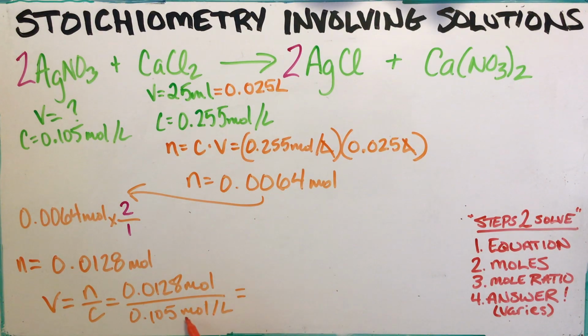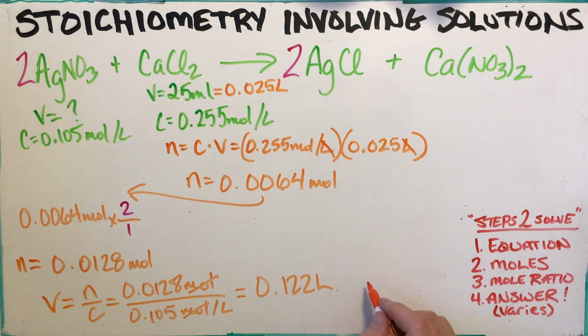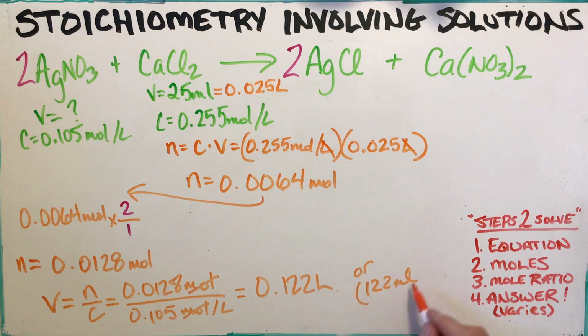And what will happen is my moles will cancel. Moles divided by moles is no more moles. And I'll end up with 0.122 liters, or 122 milliliters, just to kind of put it in perspective. And that's the end of that. That's an easy one, right? We found out our volume.